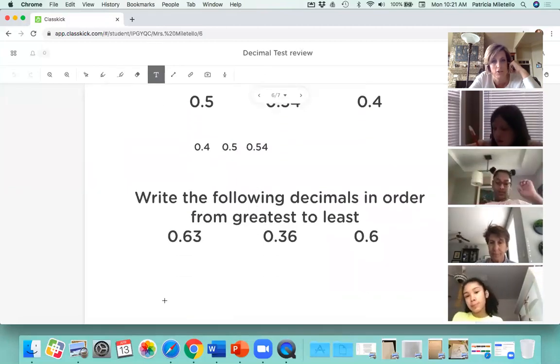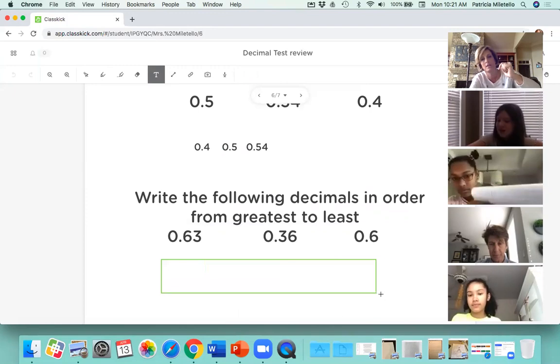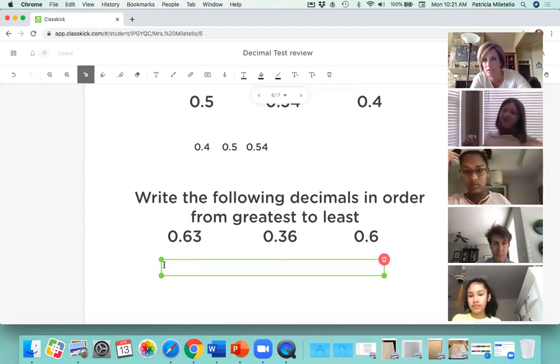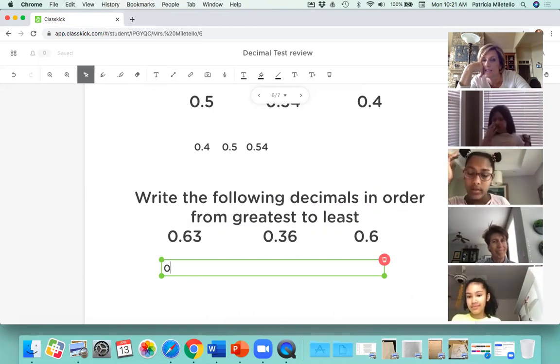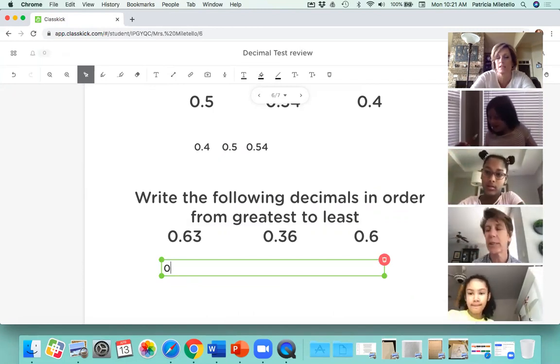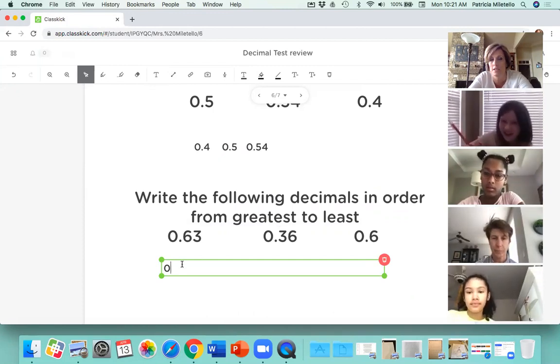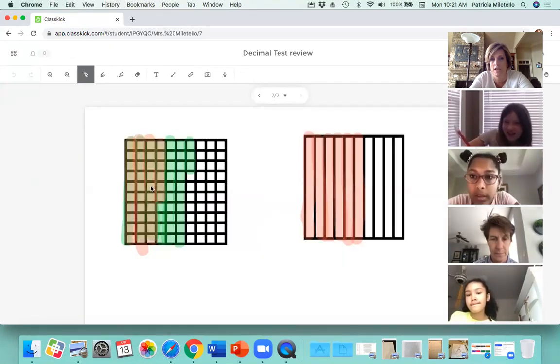What's the biggest one in that list? 0.36. Is the biggest? No, the smallest. We're going from greatest to least on this one. So pay attention to where it says greatest. What's the biggest one in that list? Let's look back over here. Which one had the most colored in? The green.